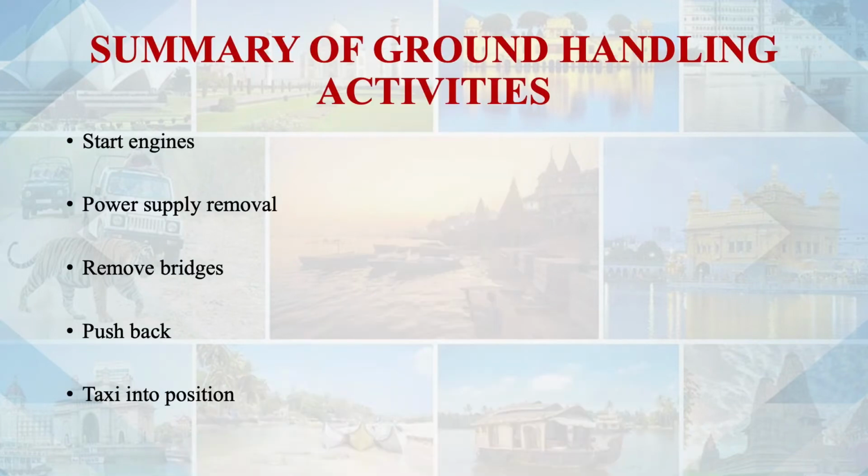Once it reaches the taxiway, it will get positioned into taxi, and it will move up to the runway area. Once it has entered the runway, then engines will be on again, and all the thrust and lift required will be provided by the engines and the wings, and it will move for the takeoff.